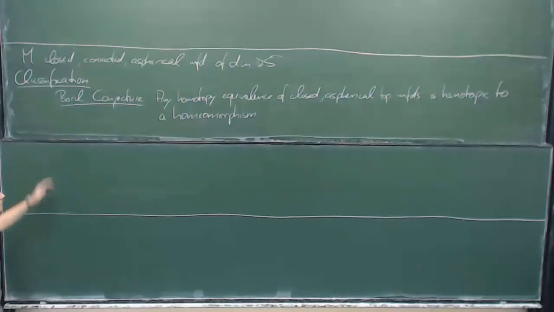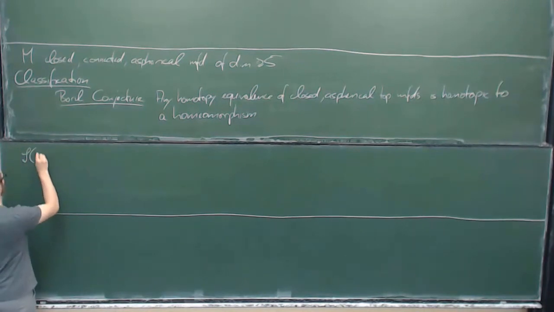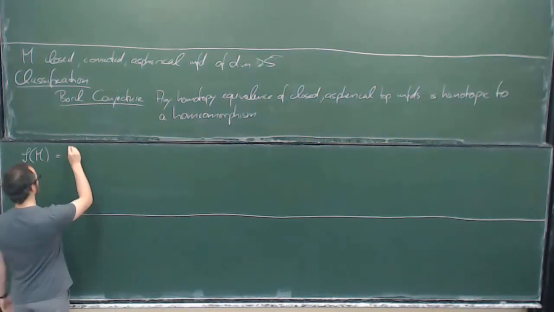And the way people go about studying this conjecture, or one way to phrase this conjecture, is in the language employed by surgery theory. In understanding or classifying high-dimensional manifolds, surgery theory studies something which is called the structure set. So let me define what that is. The structure set of a, now this could be any topological manifold, is the following.